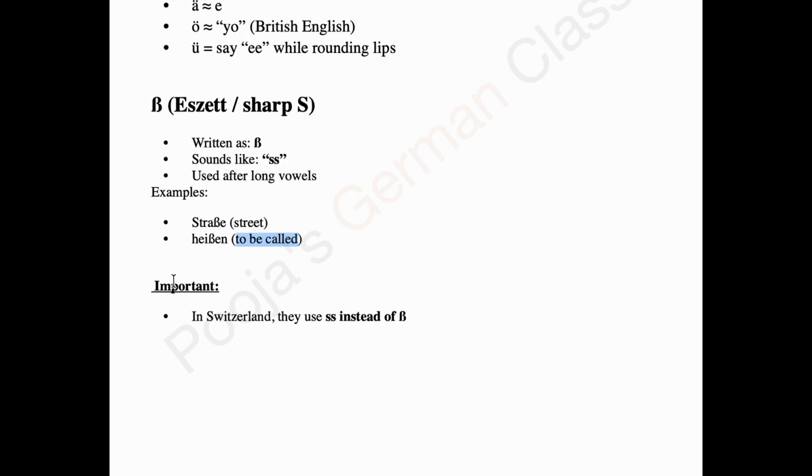Next, a very important thing: in Switzerland they use double s instead of sz. Those who know that in Switzerland people also speak German, they also write German, but there they prefer writing double s instead of sz. But here in Germany we use only sz.